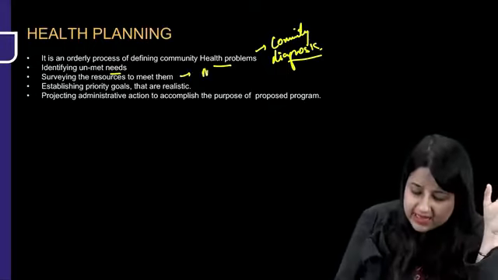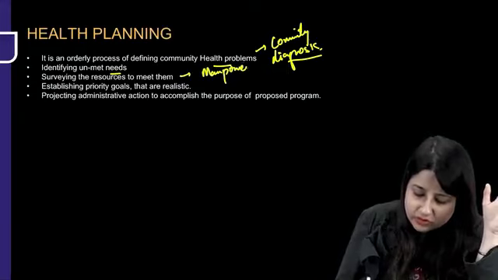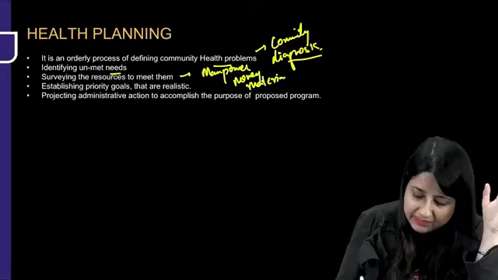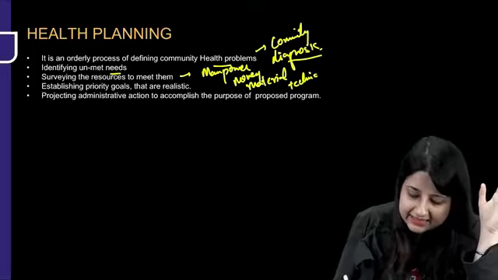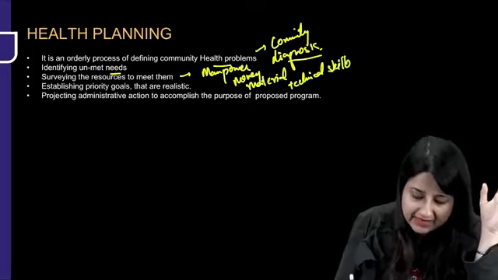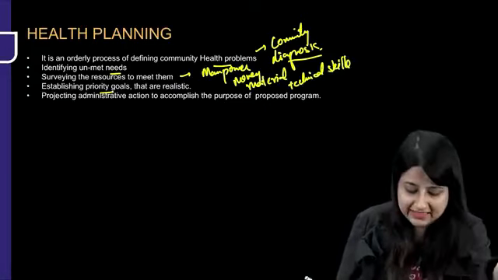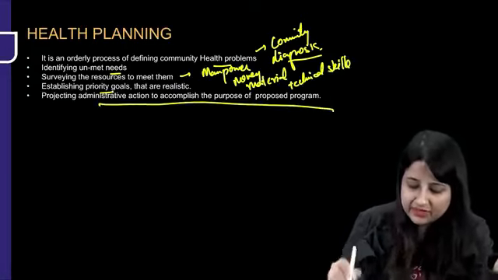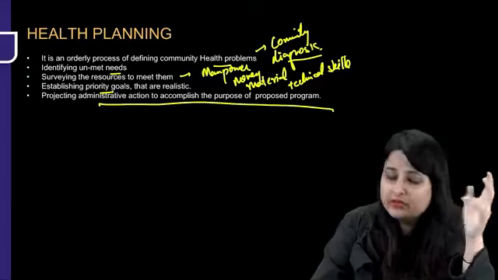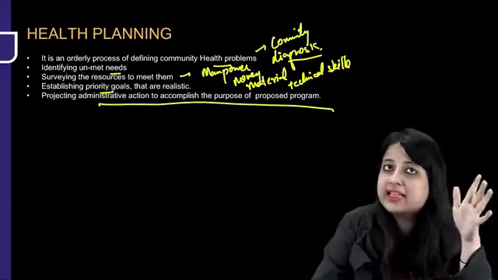What were the resources? As we have done in the main lecture also, manpower, money and material, as well as technical skills. Then establish priority goals that are realistic, and project administrative actions to accomplish the purpose of the proposed program. So that is what health planning is.